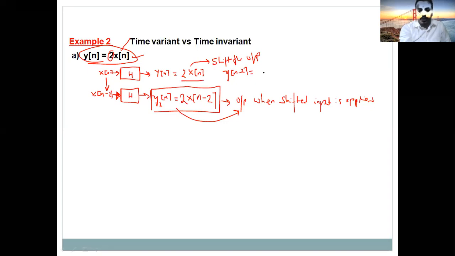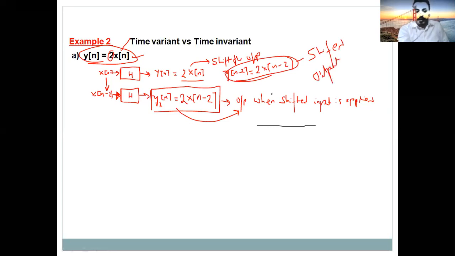Here. When you shift it by 2, n becomes n minus 2. So wherever there is n, 2 times x of n is shifted by 2. This is the shifted output.